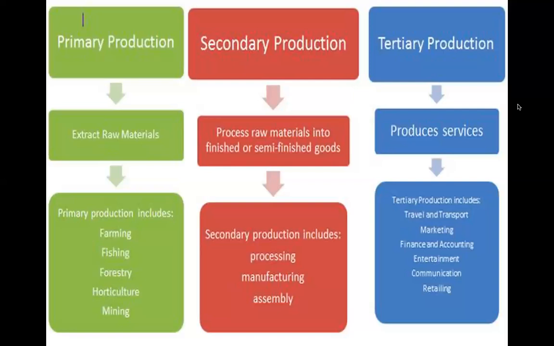Okay, so the examples include travel and transport, marketing, finance and accounting, entertainment, communication, retailing. Right, so nothing tangible, but they are very, very important to make sure that the earlier two forms of production, i.e. primary production and secondary production, actually perform well.